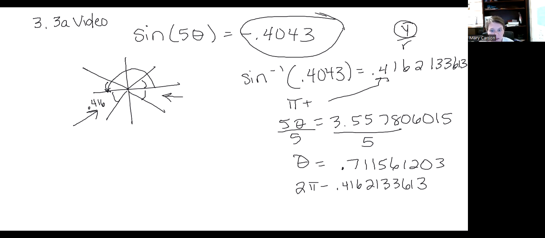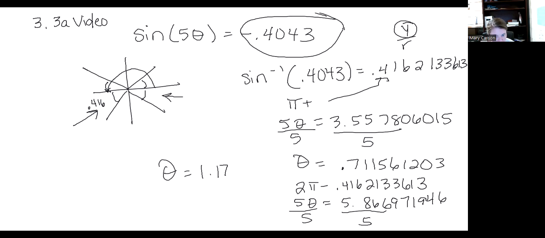We get 5.866971946. And again, we have to divide that by 5. And you end up with theta equal to 1.173394389. And I think it was round to 3 decimal places.